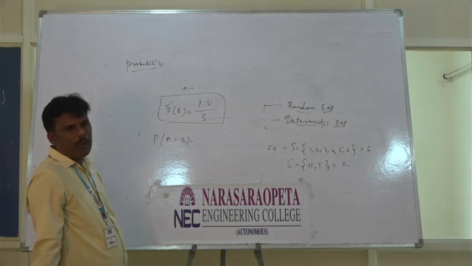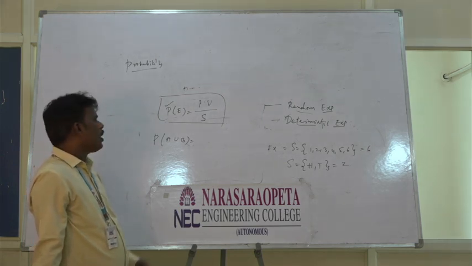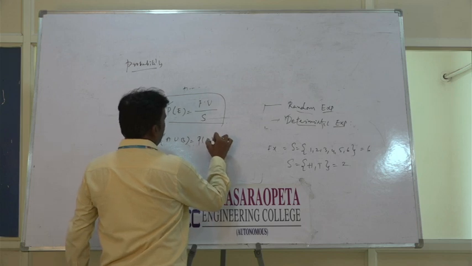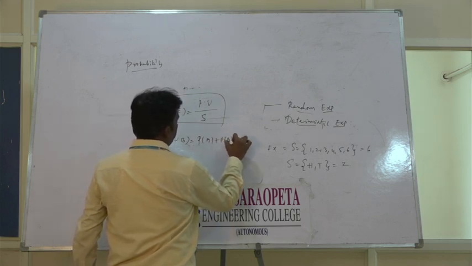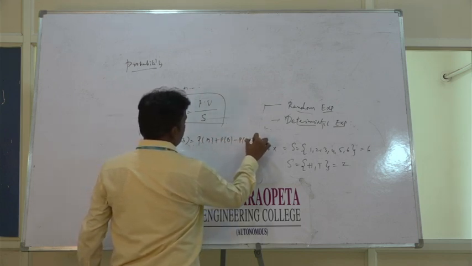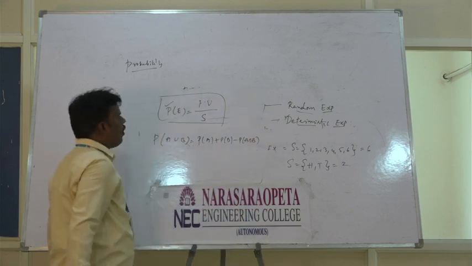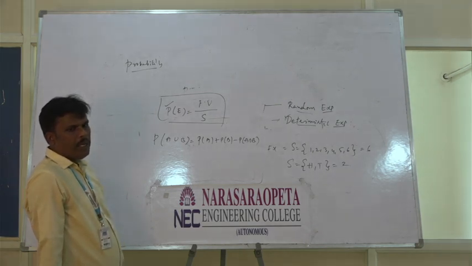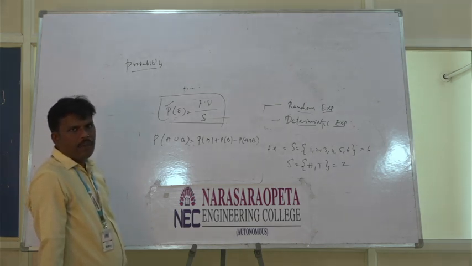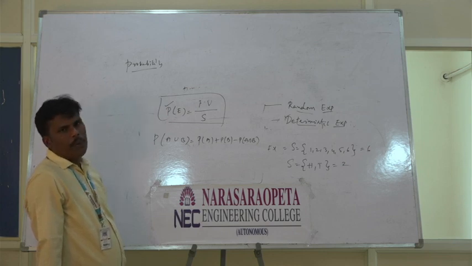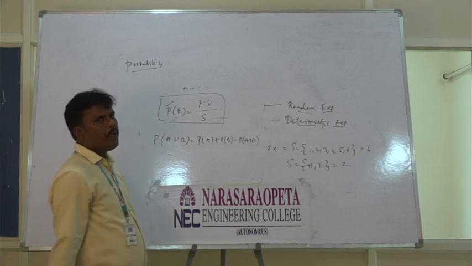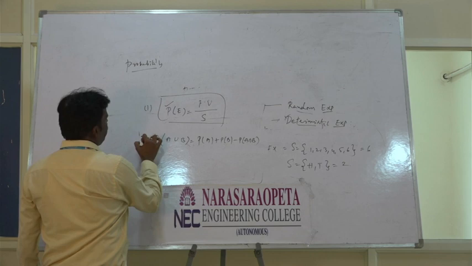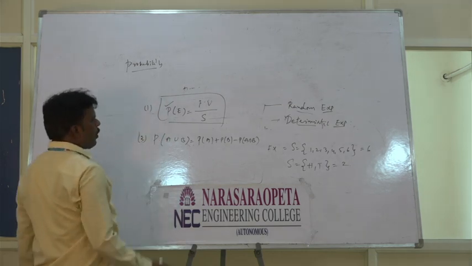The chance of two events occurring simultaneously can be obtained by joint probability. The formula is P of A plus P of B minus P of A intersection B.